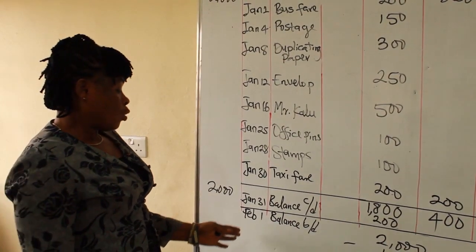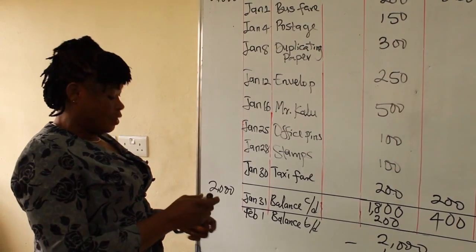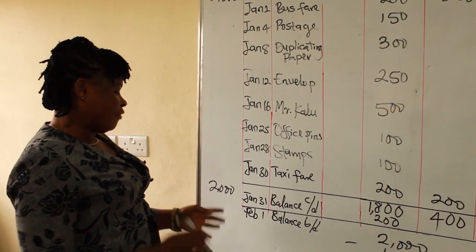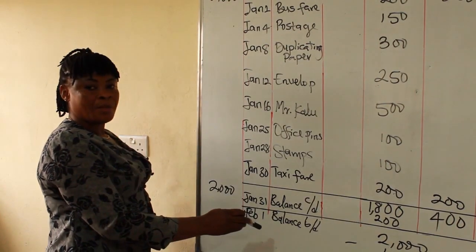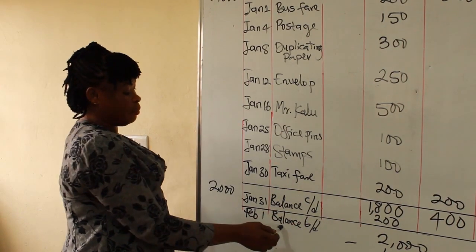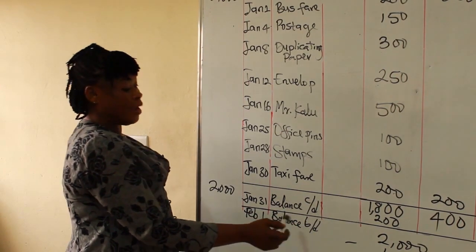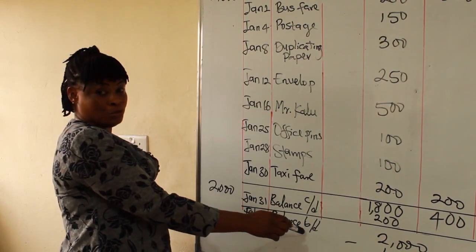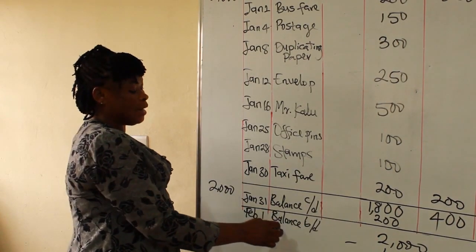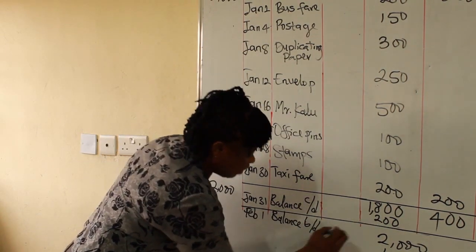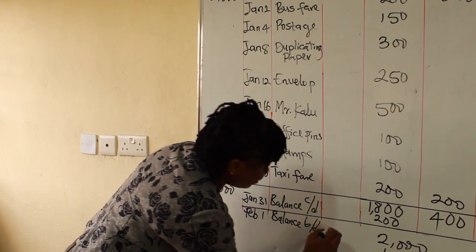I said the next month following the month of January is February. You will write down here February 1st. And what you will write under the particulars is balance brought down. We are now bringing this balance carried down to the next month. That's why it is called balance brought down. And the amount is this very 200 naira.